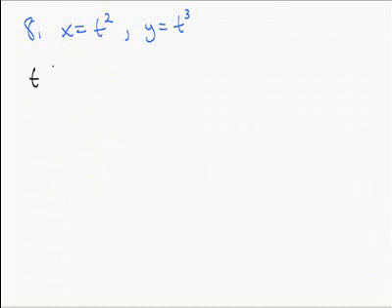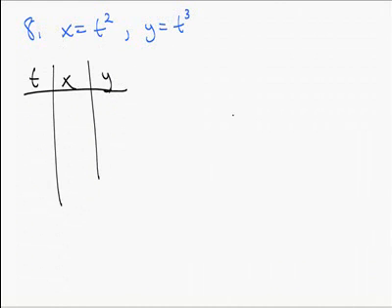If we look at a table of values here for t, x, and y, we can get a picture of what the graph looks like. Remember, x is going to be the t value squared, y the t value cubed. Trying some different values for t, like 0, 1, 2, maybe negative 1 and negative 2. When t is 0, t squared is 0, t cubed is 0.